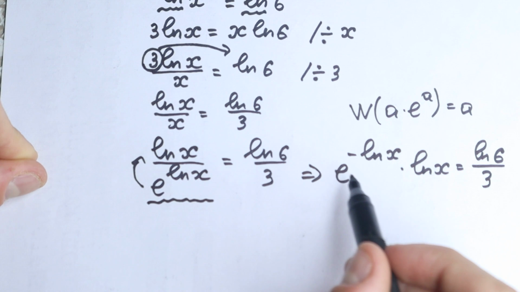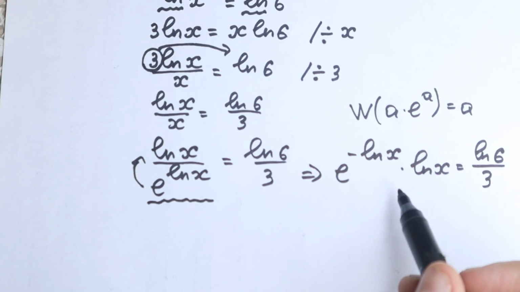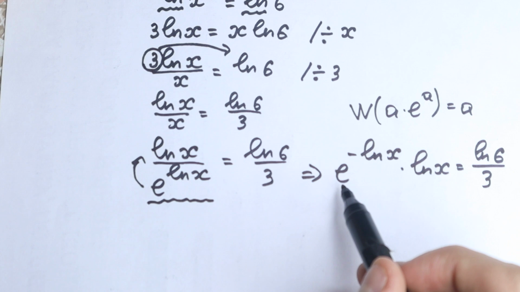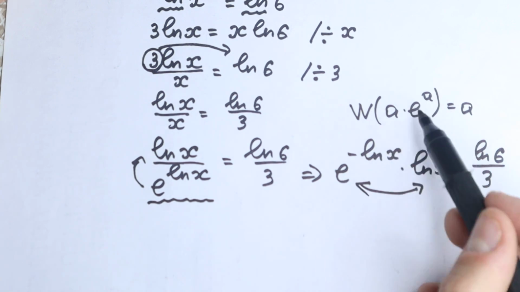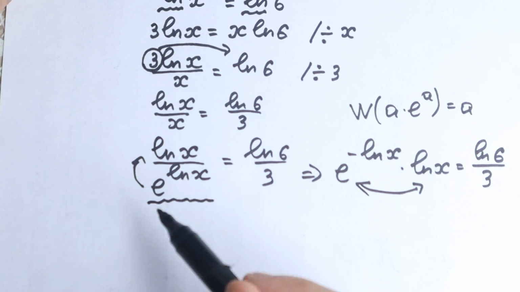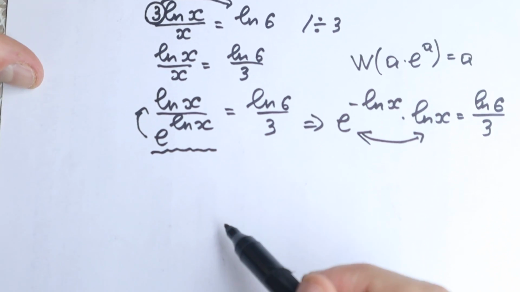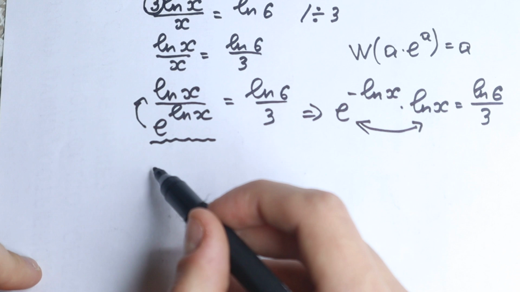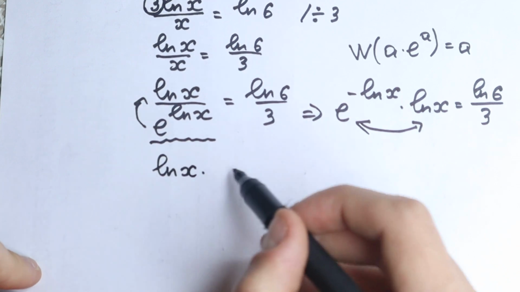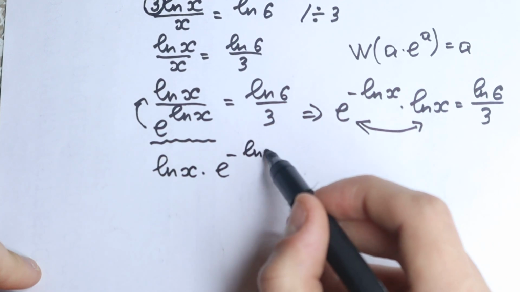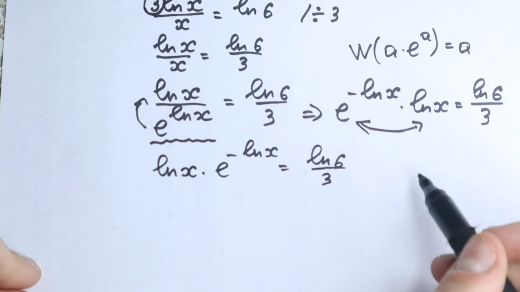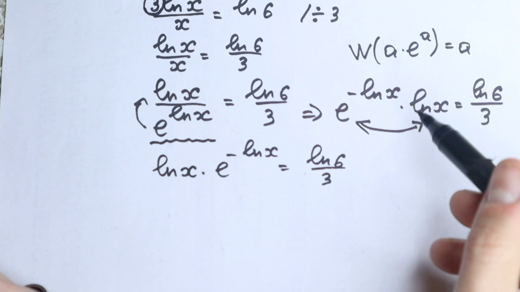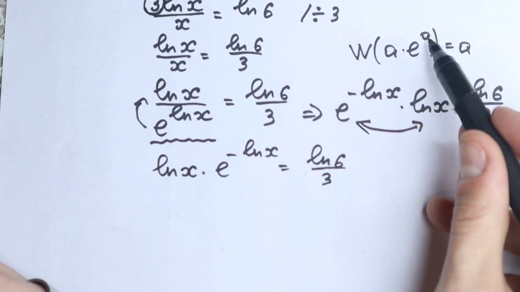Now let's swap these positions, because we have e in the first position and this expression in the second. We have natural log x times e to the power minus natural log x equal to natural log 6 over 3. But for the Lambert W function, we need to have the same a.